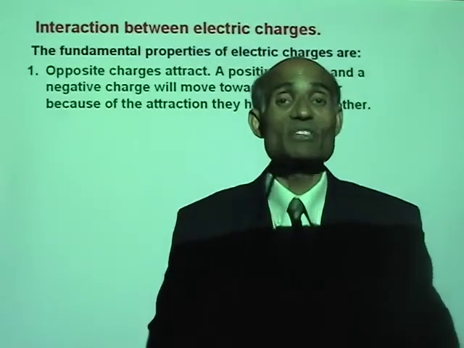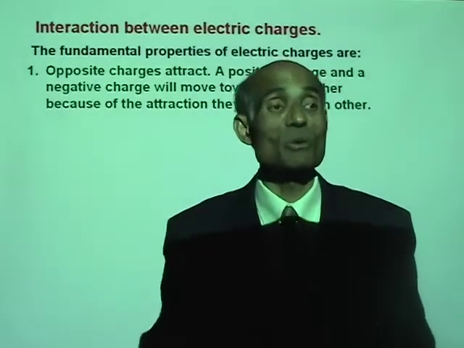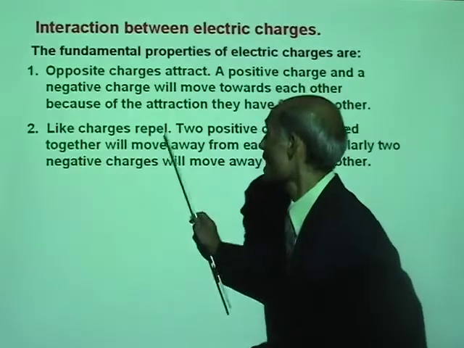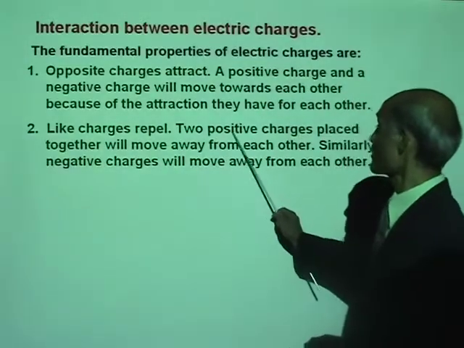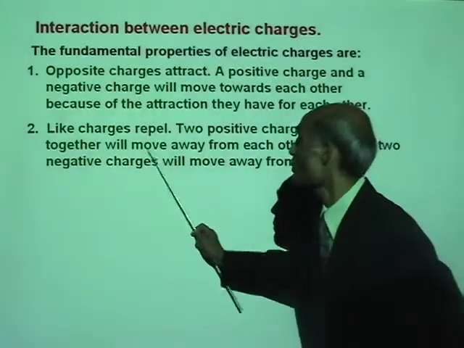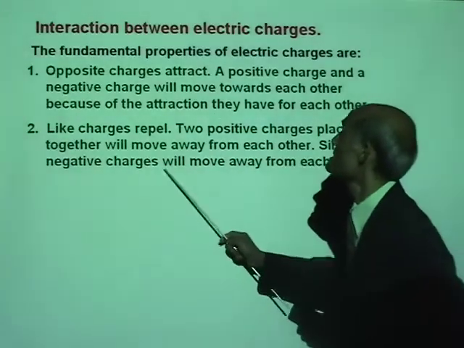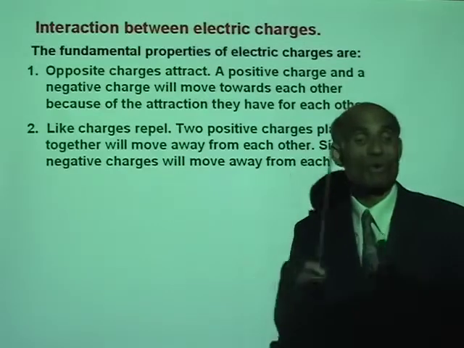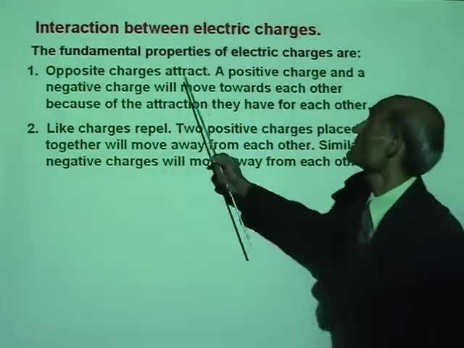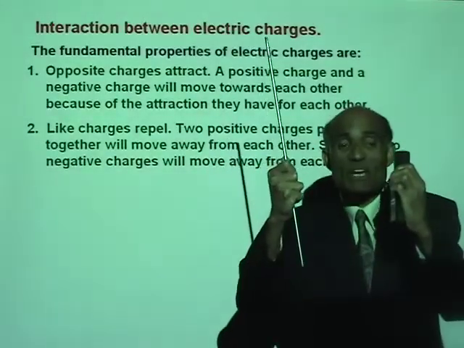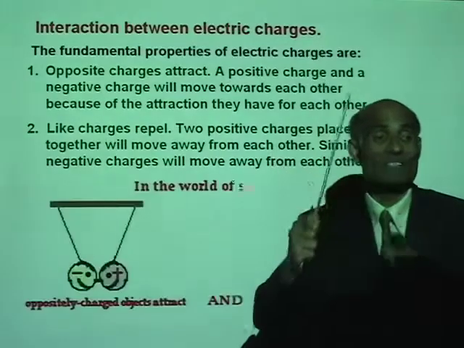A negative charge and a negative charge will repel. So like charges repel. Two positive charges placed together will move away from each other. Similarly, two negative charges will move away from each other. But a positive charge and a negative charge will move towards each other.